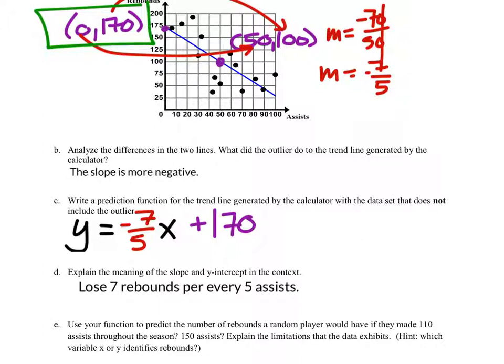The Y-intercept, however, tells us that when you have 0 assists, you would have 170 rebounds.